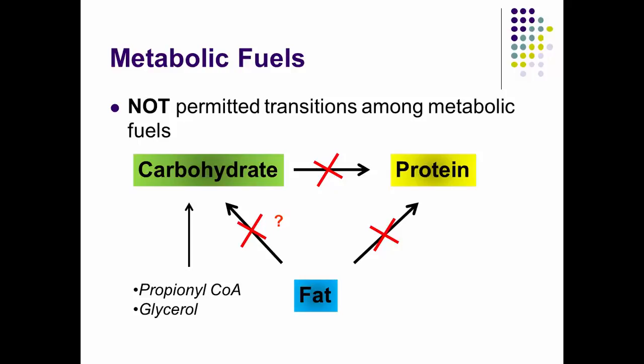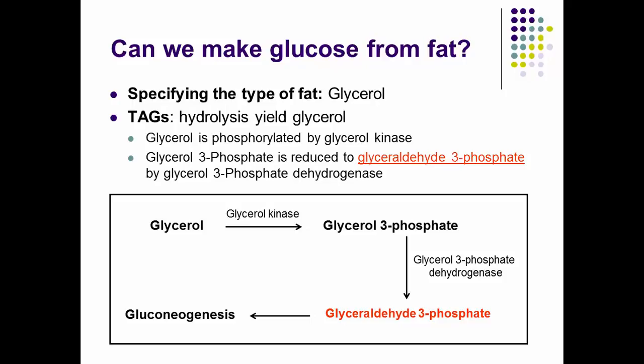glycerol and propionyl-CoA. Remember, glycerol is one of the gluconeogenic precursors, right? So these two types of fat lipids can be utilized to make glucose, all right? So let's talk about these specific types of fat, glycerol and propionyl-CoA, and how they can be used to synthesize glucose.